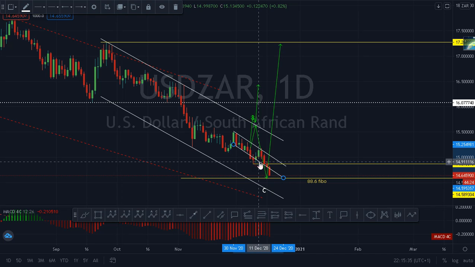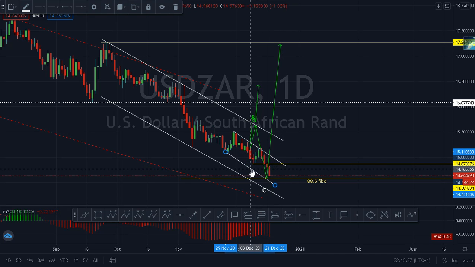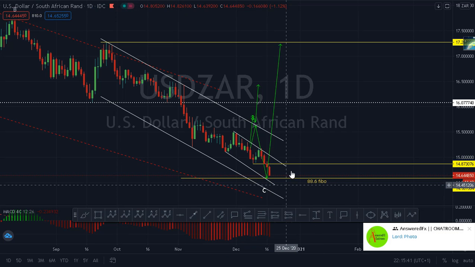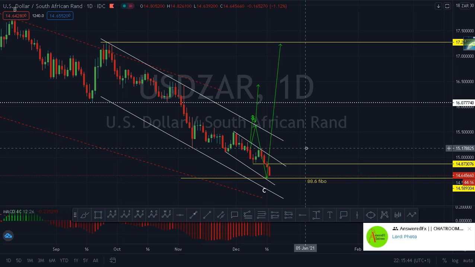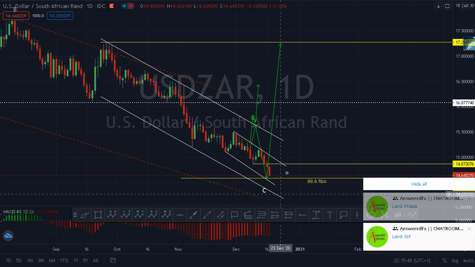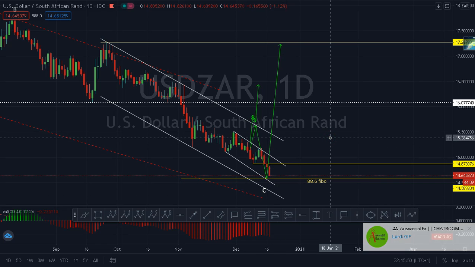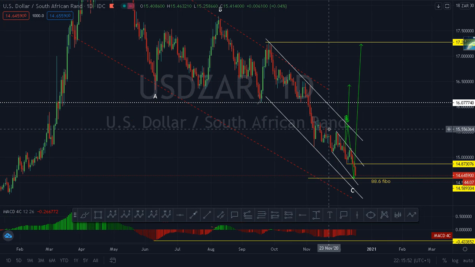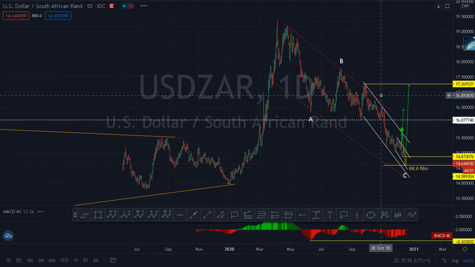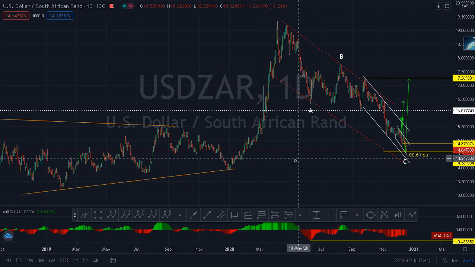Instead, the selling continues. So if you are selling USD ZAR, consider taking a profit around here or here. I prefer to wait for the buying opportunity than to sell at this very price it is now. It's not ideal to trade.